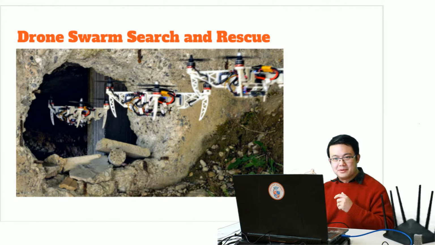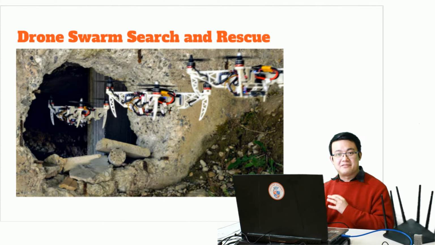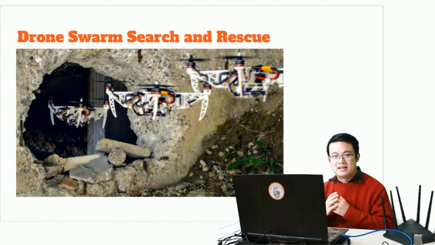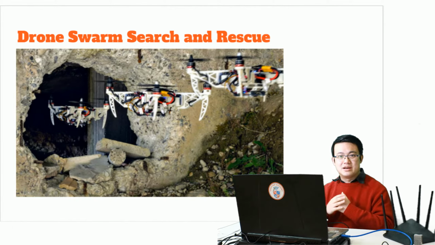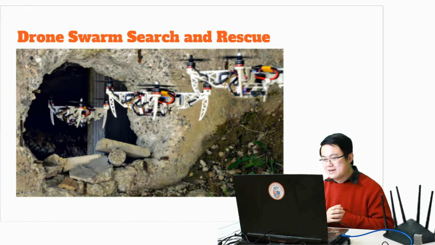You can see here we've got a line of drones, and these drones can actually change their formation to fit through gaps and navigate and give life-saving aid to people who need it, or it can be a surveillance drone to help rescuers find out where people are located, where they need to be focusing their efforts.